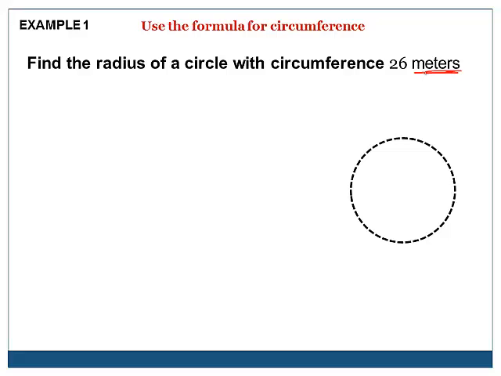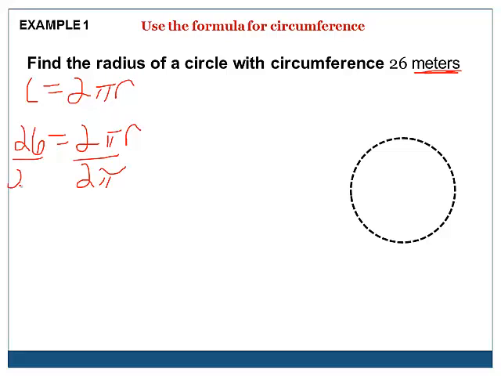So we need to use our formula, and the one we're going to use here is circumference is equal to 2 pi r, because we're trying to find the radius. We're given 26 meters for the circumference, so we set that equal to 2 pi r, and we divide by 2 pi on each side.